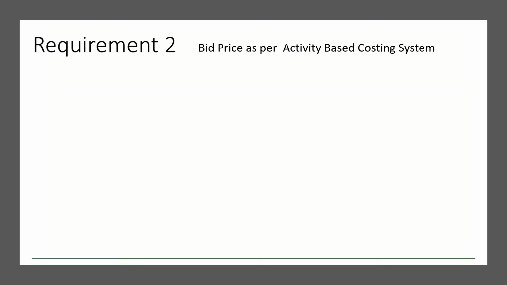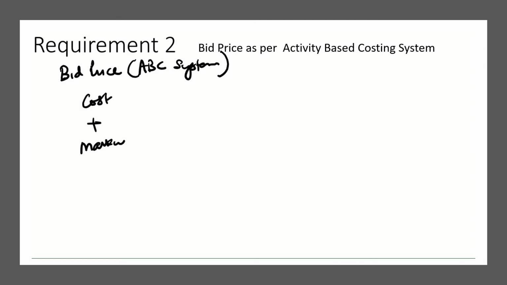Requirement 2 is very simple. All we have to do is decide what is going to be our price based on activity-based costing. We have a bid price which is based on the activity-based costing system, and based upon what we have already calculated, we have cost plus we're going to add the markup, and we have the price, which is basically our bid price.